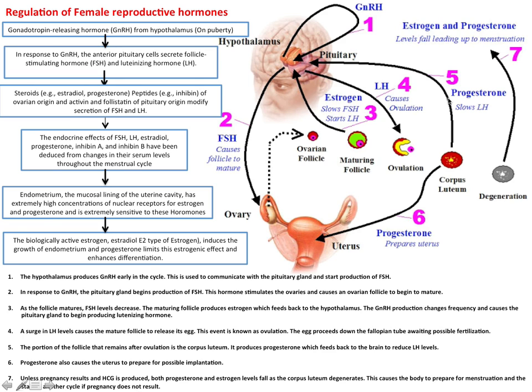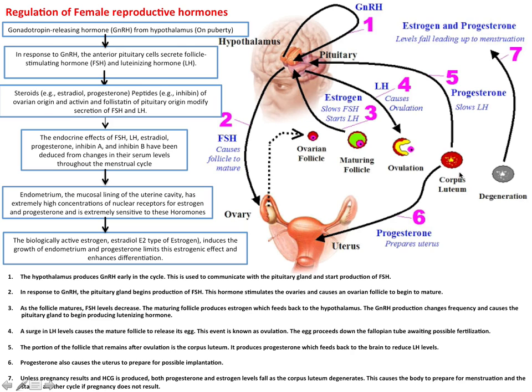And further, after ovulation, the follicle is converted into the corpus luteum, and this corpus luteum continues the production of progesterone and estradiol. This progesterone prepares the uterus for pregnancy as well.